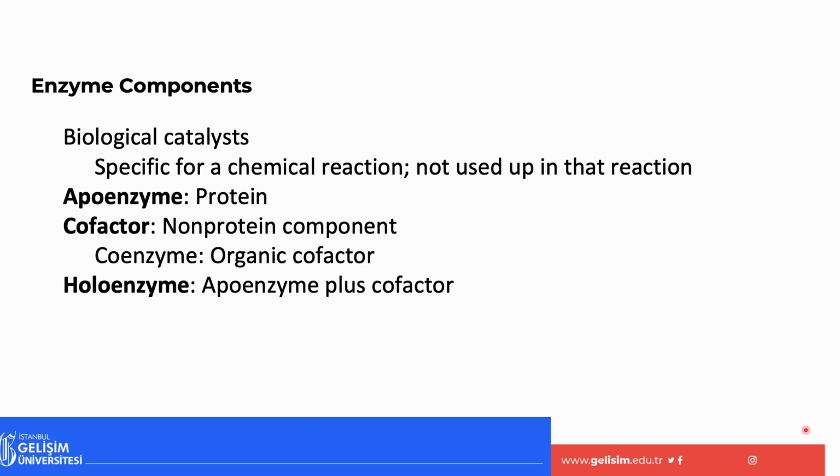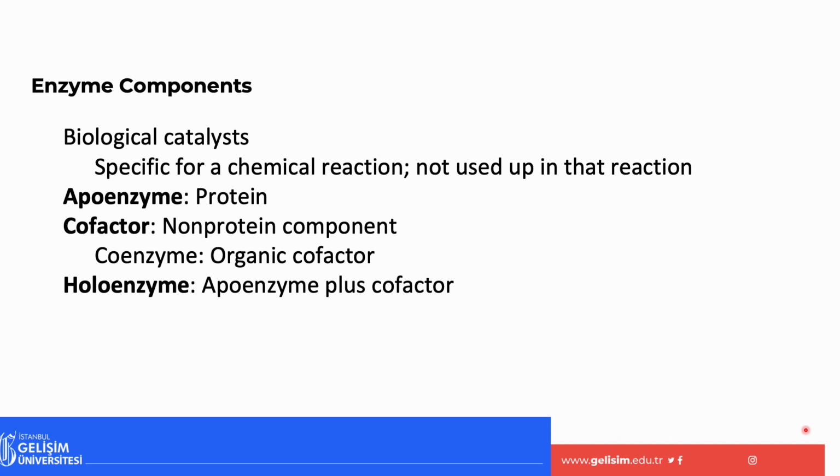So again, enzymes are biological catalysts that are able to speed up chemical reactions in living organisms. They're highly specific for a particular chemical reaction, and they're not used up in the process. Okay, so instead they end up being recycled, they get reused.